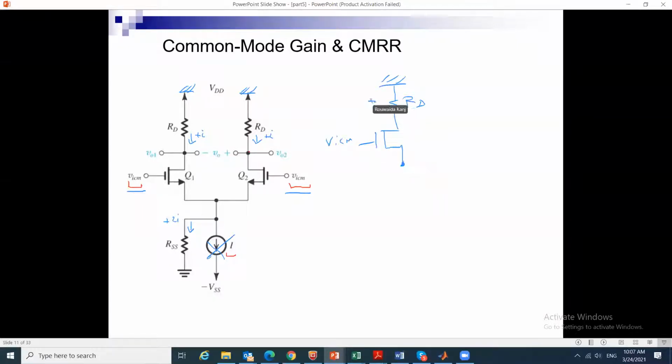This is sending i, and by virtue of the fact that this is one transistor, and I'm getting a current i here in small signal, this means that I will also get the same current i in the RSS. So I have some resistance here. I don't know what its value is, but I know that the same current should flow in the small signal analysis.